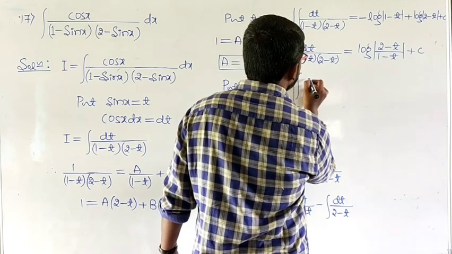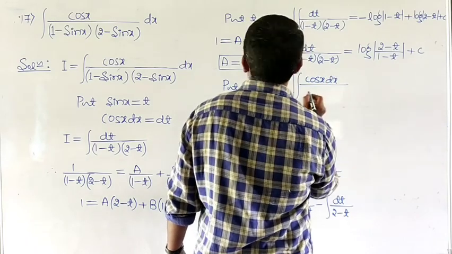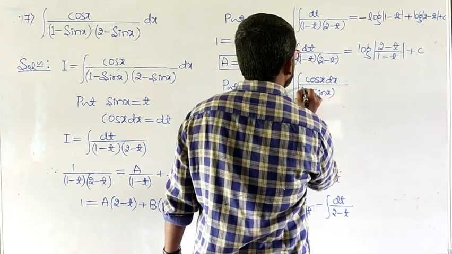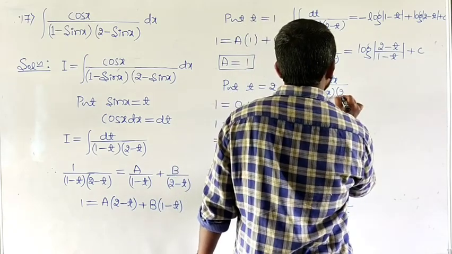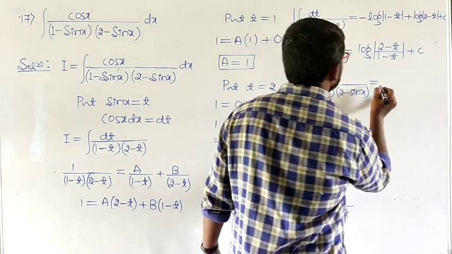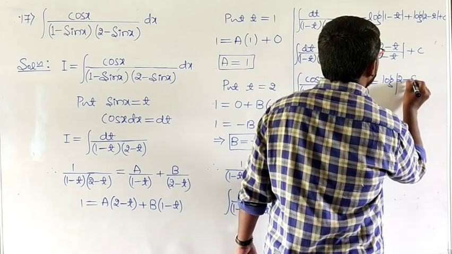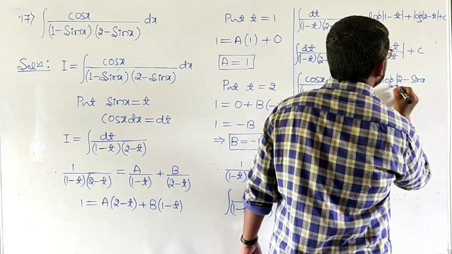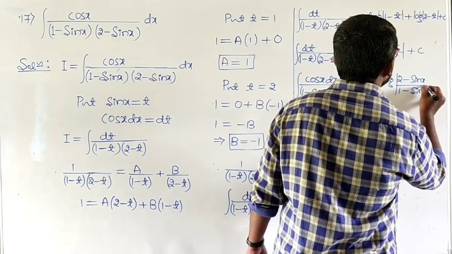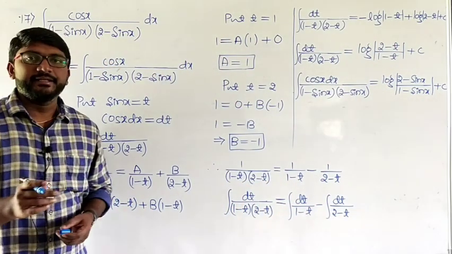Cos x dx divided by 1 minus sin x into 2 minus sin x which is equals to log mod 2 minus sin x divided by 1 minus sin x plus c. So this is all about the 17th problem.